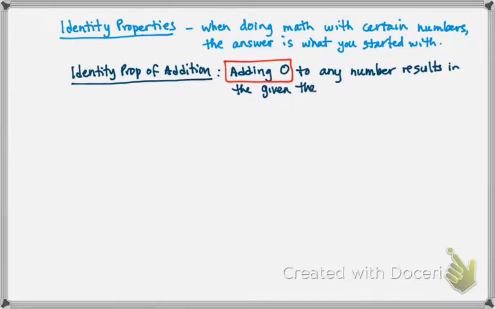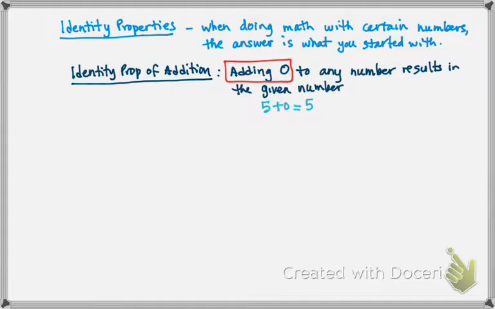In other words, the number doesn't change. The given number. Okay, so let's put that guy in there that we talked about. 5 plus 0 equals 5. Okay, so adding 0 to any number results in the given number.